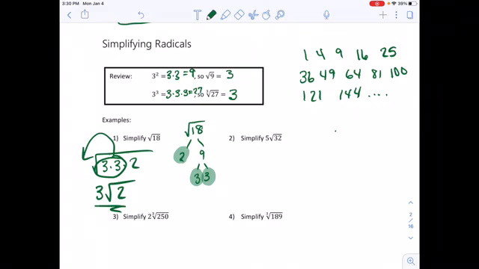All right, number 2, I'm just going to work through. You can follow along. I'm going to do the factor tree.